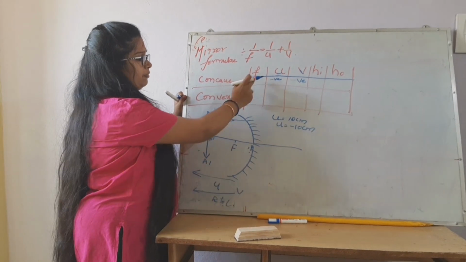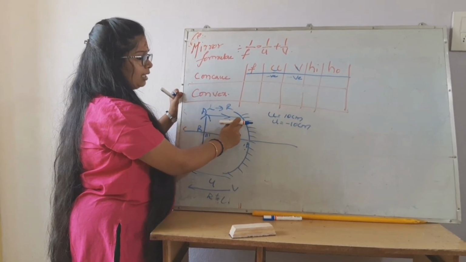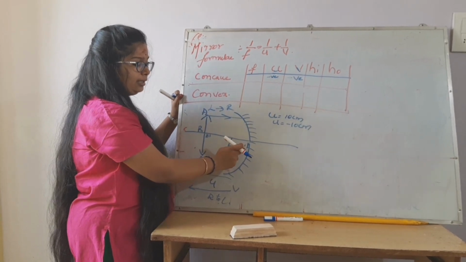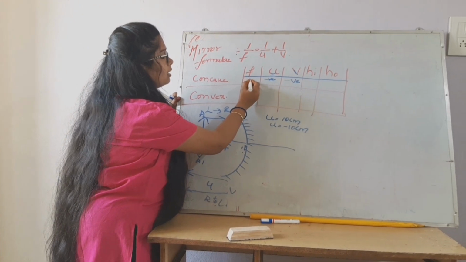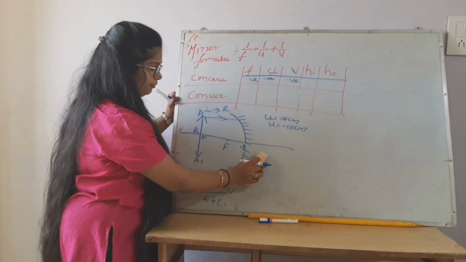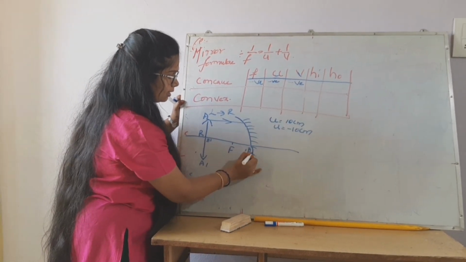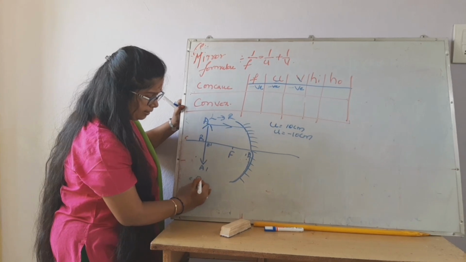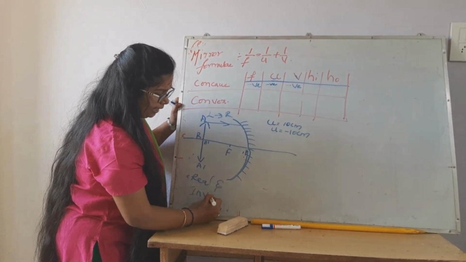Now, coming for focus. Incident light is this side. Focal length you are going to measure from pole to here. So it is negative again. And height of the object and height of the image. A real and inverted image is formed here.